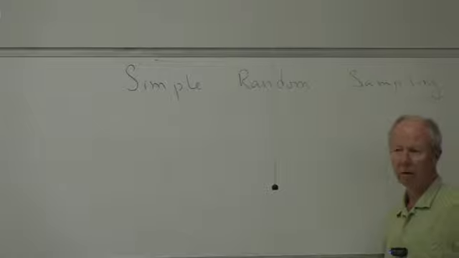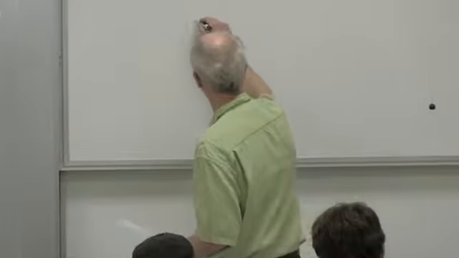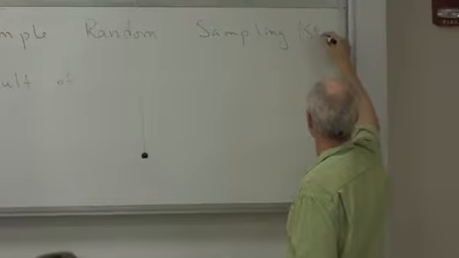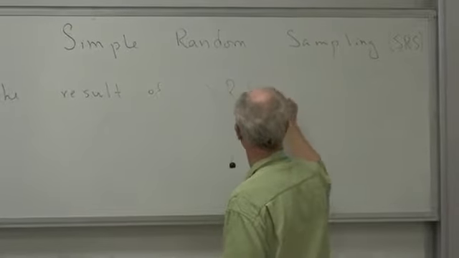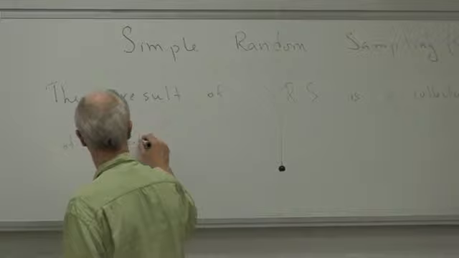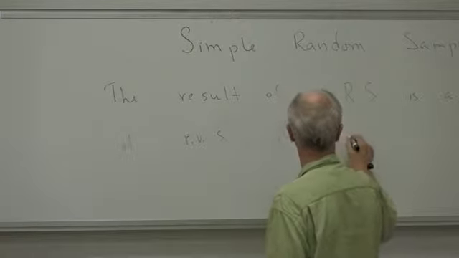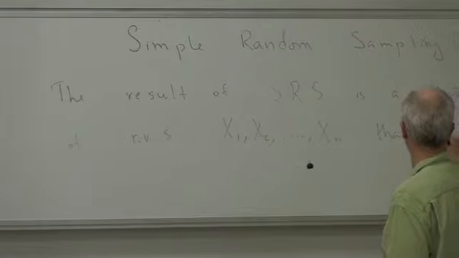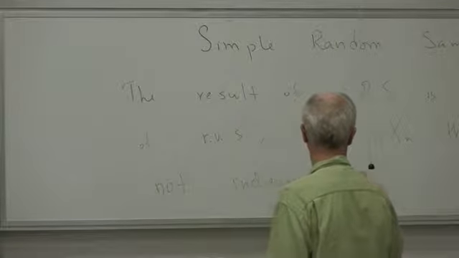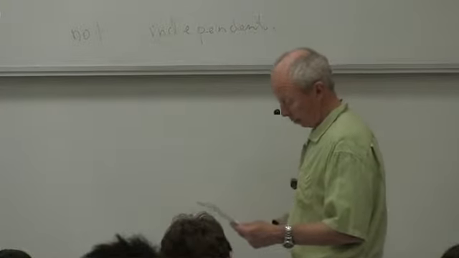Simple random sampling gives random variables that are not independent. And we computed the covariance.